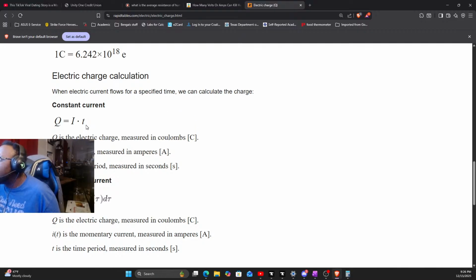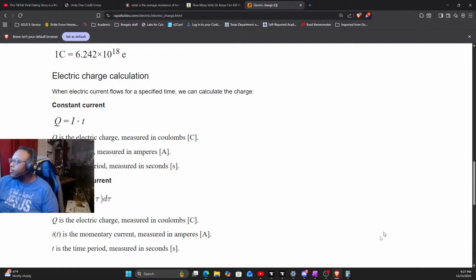Constant current is I times T. The di/dt comes in if you have an alternating circuit. When there's a constant current, the change is 0, so you have no voltage across a capacitor. There's not really a voltage across it when there's a completely constant charge, because Q is broken up into I and T.